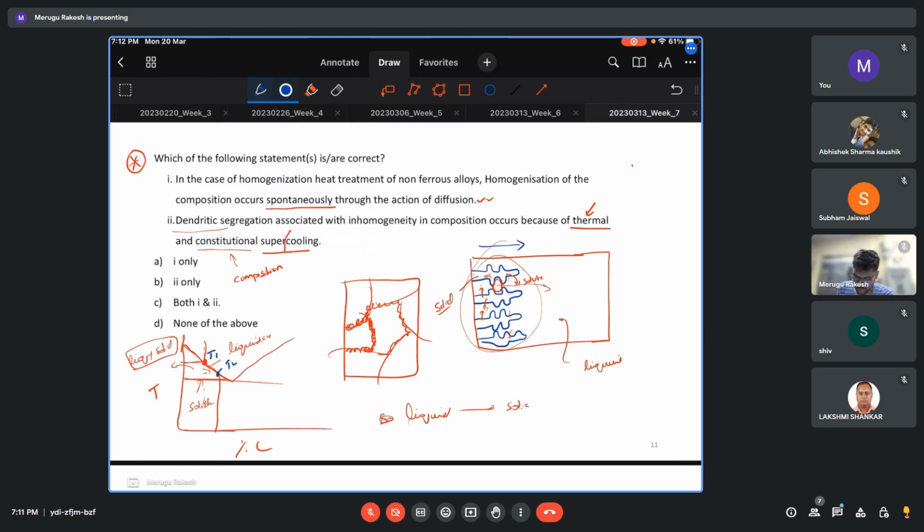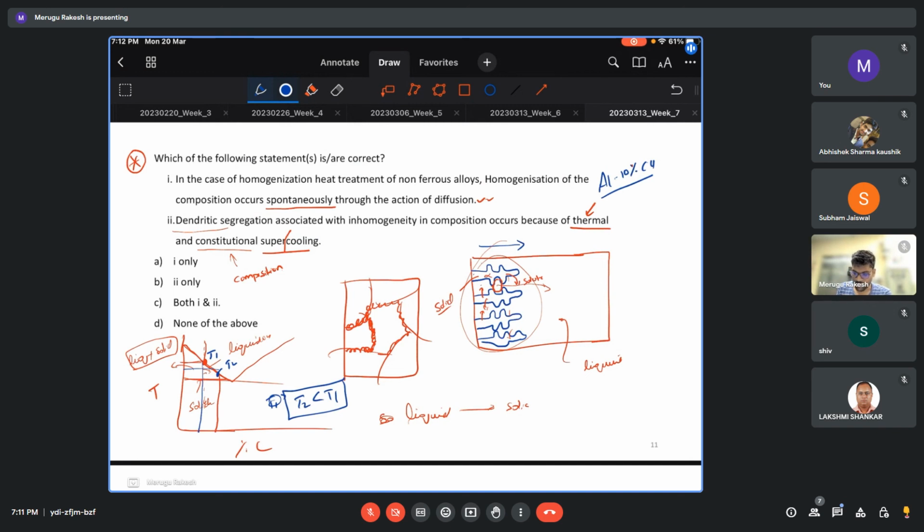So this is the composition we actually have, say aluminum 10% copper. But what is happening due to this rejection, the actual melting point is decreased. Now in this phase, T2 is less than T1. Okay, so it has a lower melting point.